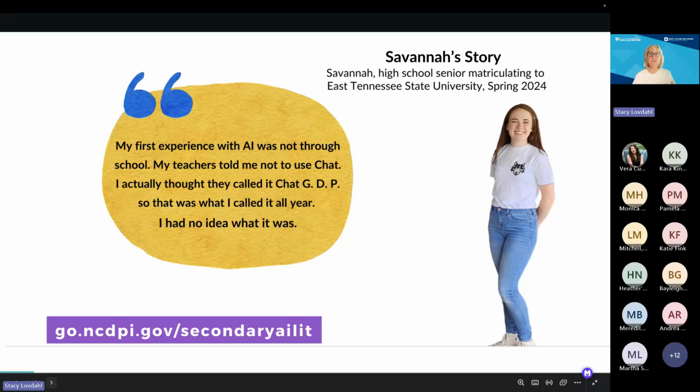We need to keep those things in mind as we're going forward, especially this year, because we know that it's out there and we know what's going on. As we are getting more and more informed about this as educators, we know our students are also experimenting and exploring. And I read something recently by someone I follow on social media who said, if we wouldn't let our students learn about biology on TikTok, then why would we let them learn about AI on TikTok?